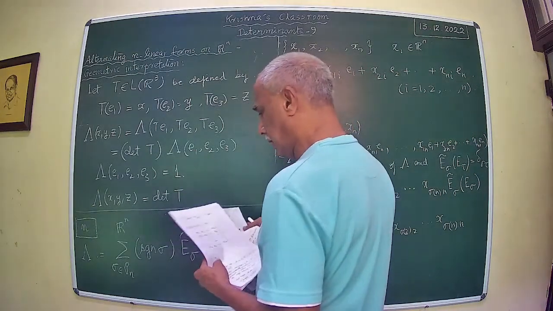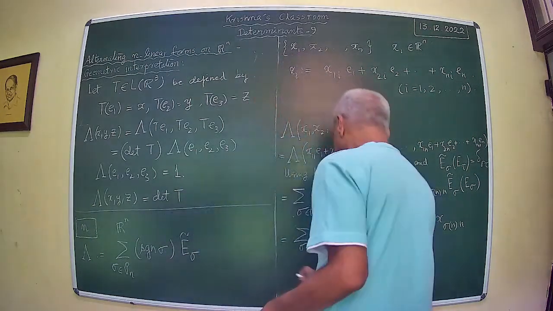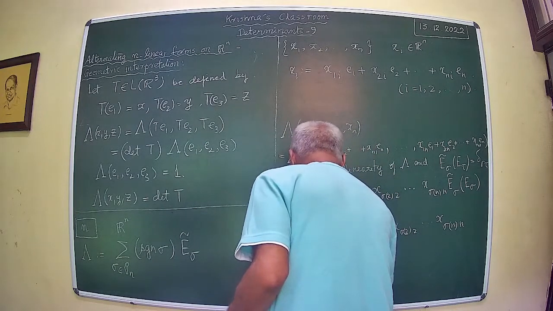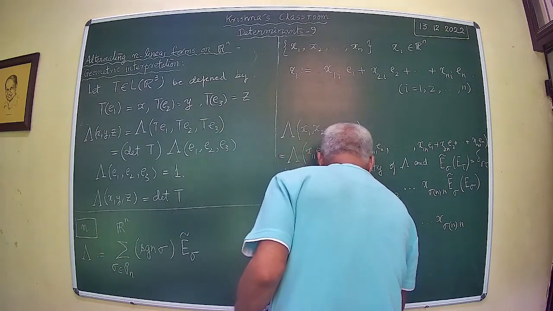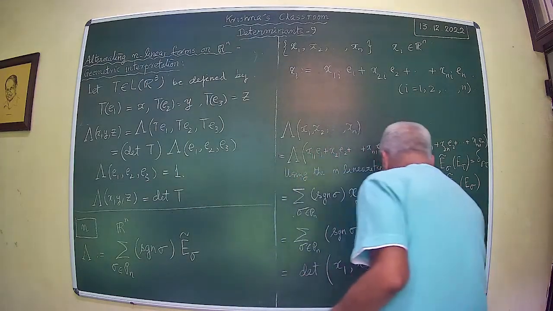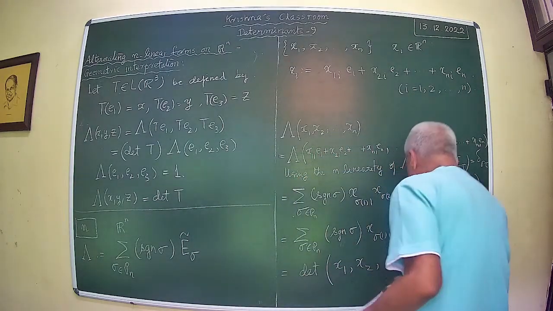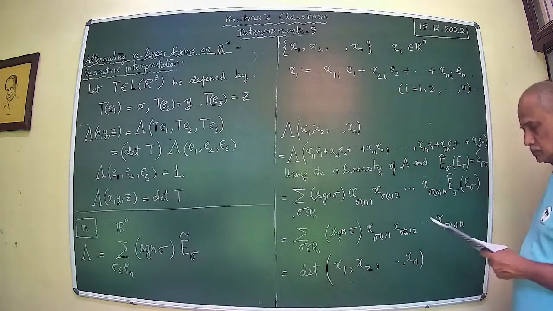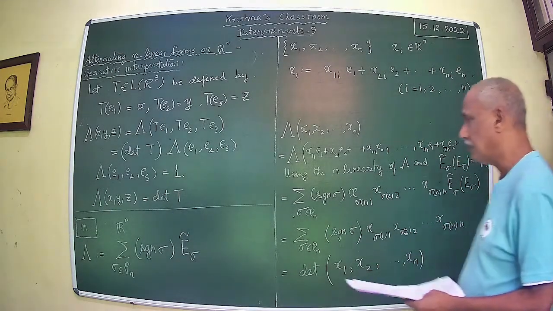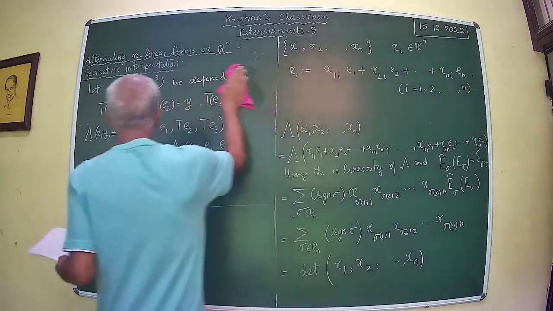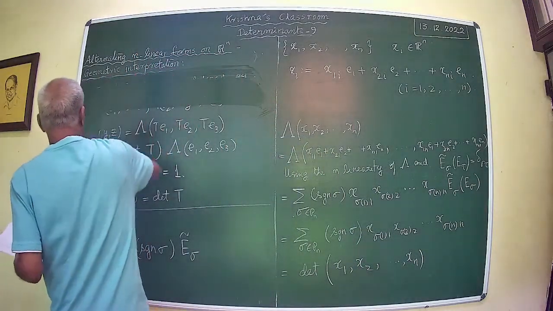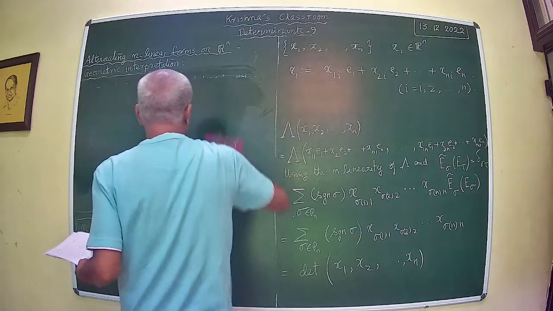Okay, and this is nothing but the determinant of x1, x2, etc., xn. Okay, and which is essentially, in the general form, we can write the following.